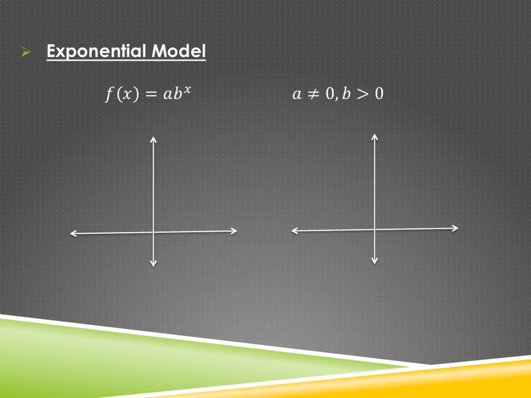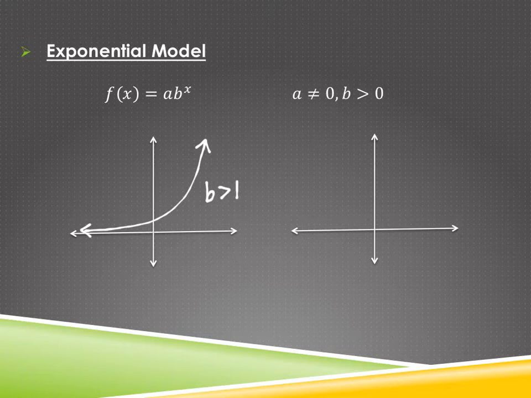There are two different visual pictures that an exponential model could have. One is that it could look something like this. And this picture happens when the b value is bigger than 1.